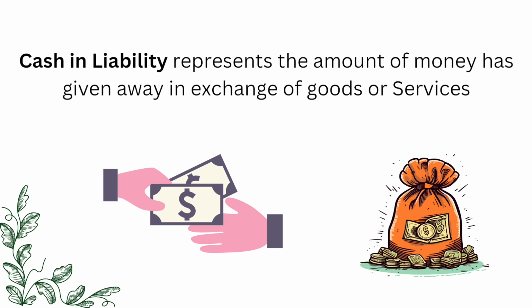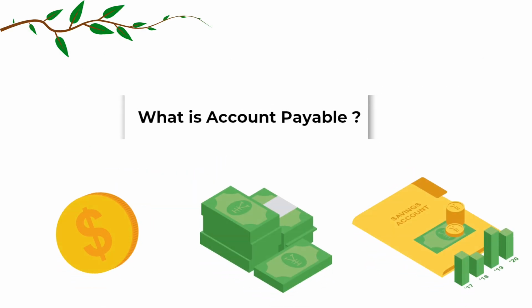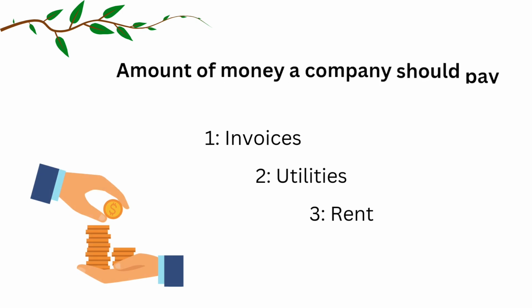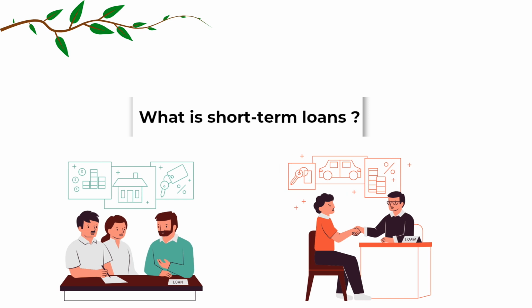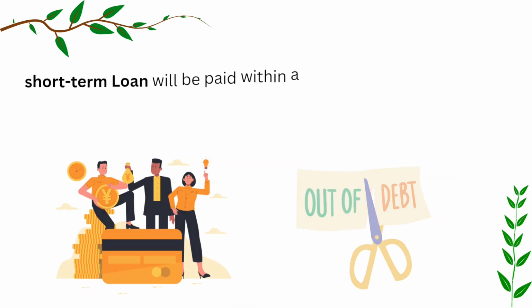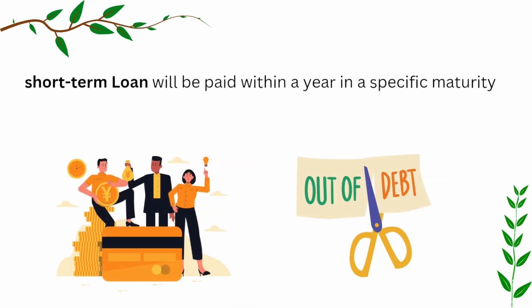The second one is account payable, which is the opposite of account receivable and describes the amount of money we have to pay in a specific maturity for some goods and services that we have gotten but not yet paid, like purchasing machinery for $200. Following that, we come to the short-term loan, which is clear enough for you. It's defined as a kind of loan that is going to be paid back in the short term, meaning during a year.